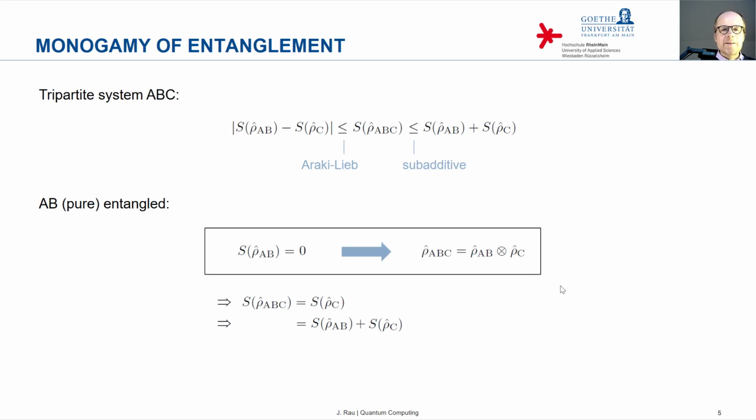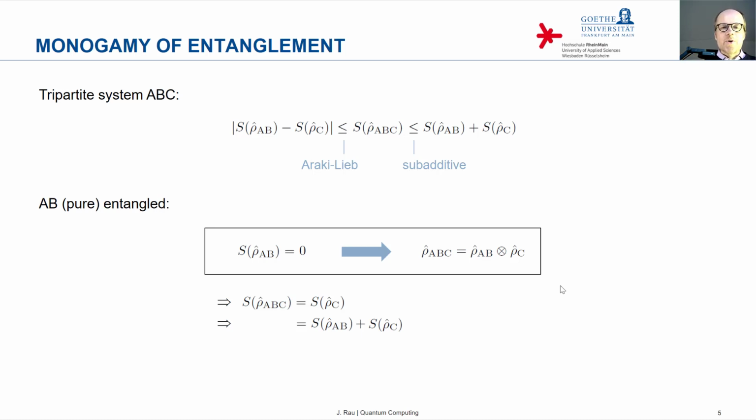This means that the state of ABC must be the tensor product of the state of AB with the state of C. When you have a product state, then the systems involved are not statistically correlated. They are completely uncorrelated. They're statistically independent.